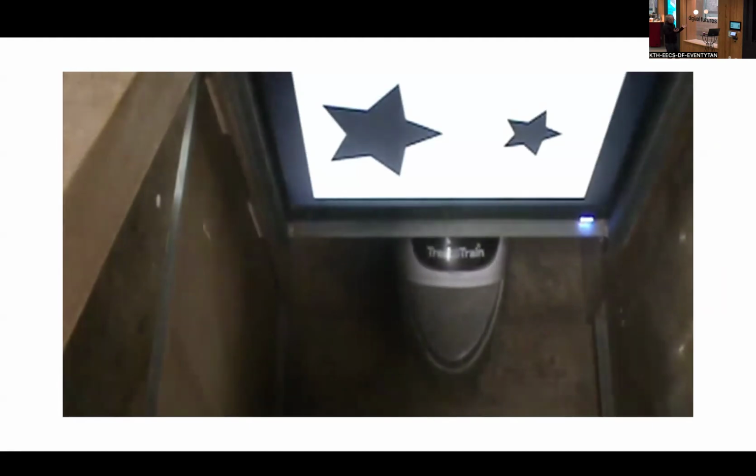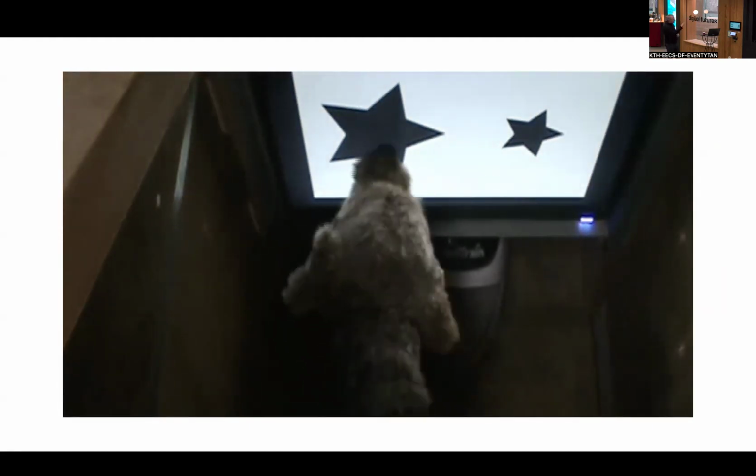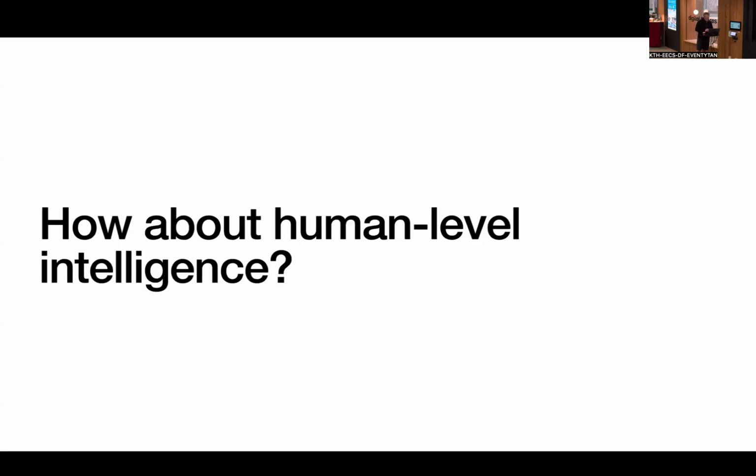But now it sees stars for the first time. You can see how it's a bit cautious before it picks the largest star, but that was correct. So all of these examples you could call animal level intelligence, even if these are impressive behaviors.